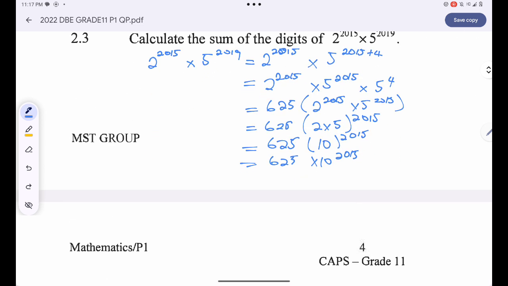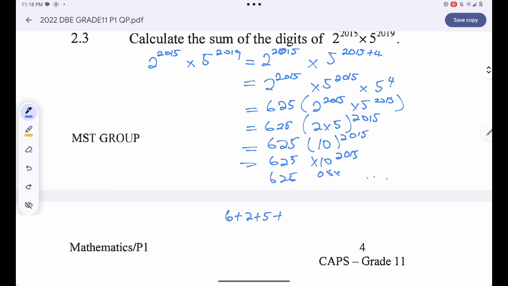So 625 times 10 to the 2015. This thing simply means that, guys, I have 625 and then I have 2015 zeros after these numbers. All right, together. So whenever I want to find the sum of my digits, I'll just say 6 plus 2 plus 5 plus the zeros.